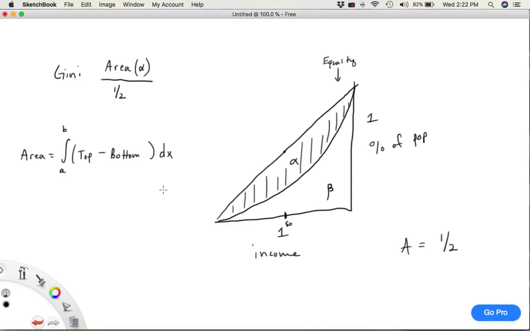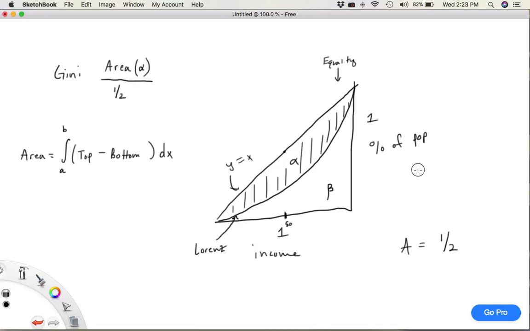So the top function is a diagonal line, and the equation for that is y equals x. And the equation for this bottom curve is our Lorenz curve, which we've been given two different Lorenz curves. So we're going to have to do this calculation twice.